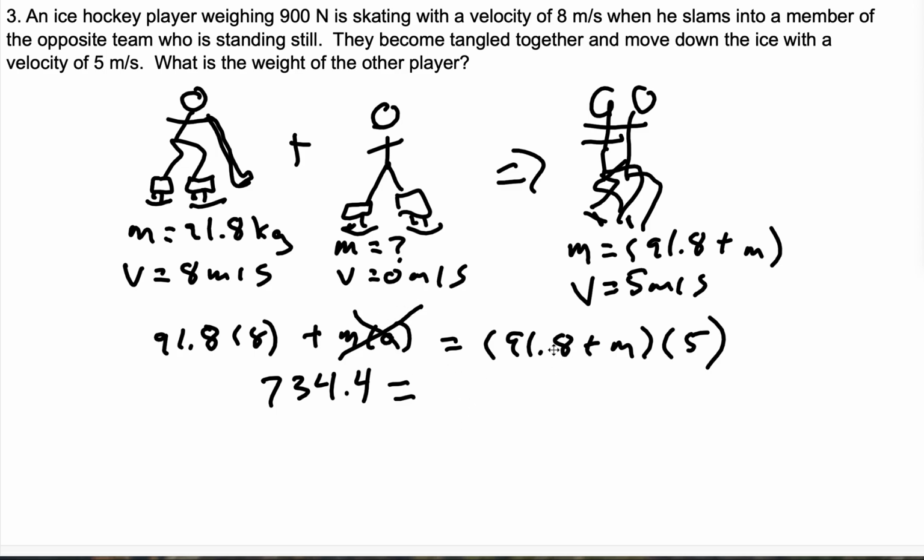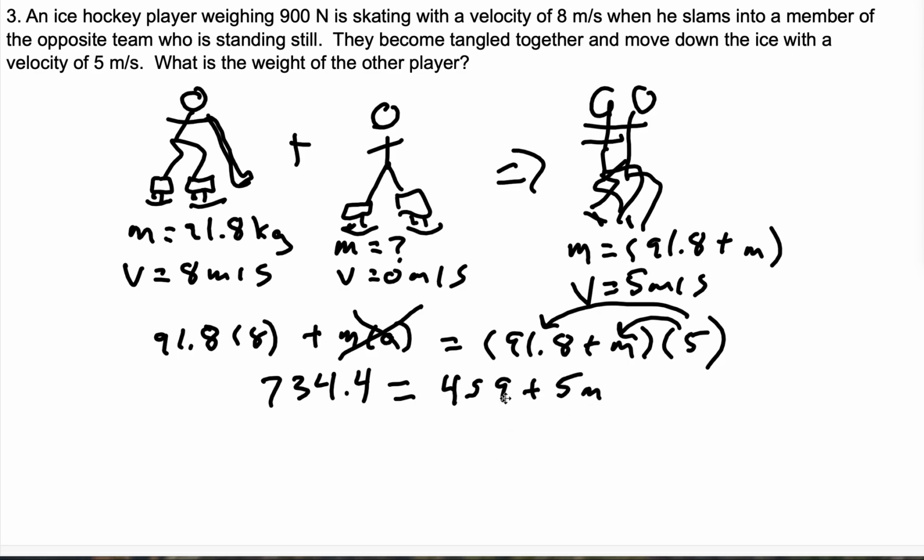And that's going to equal 91.8 plus m times 5. Now from math, I'm sure you remember this: if something's in the parentheses, you've got to distribute it. So what's 91.8 times 5? 459. And then 5 times m, that will be 5m.